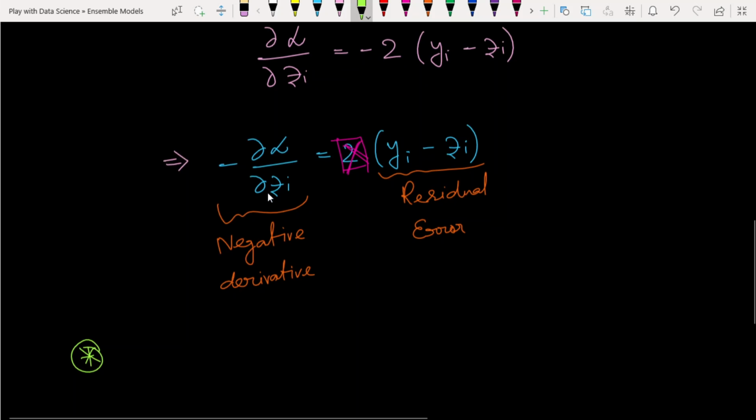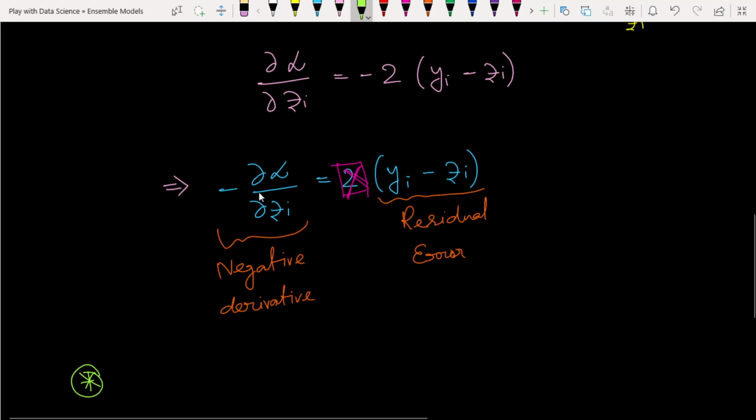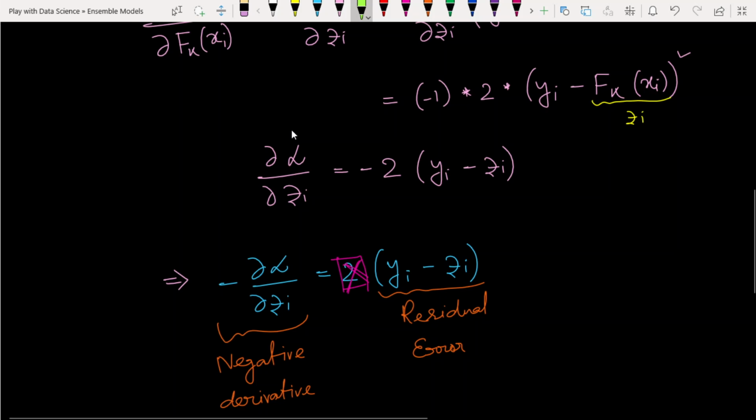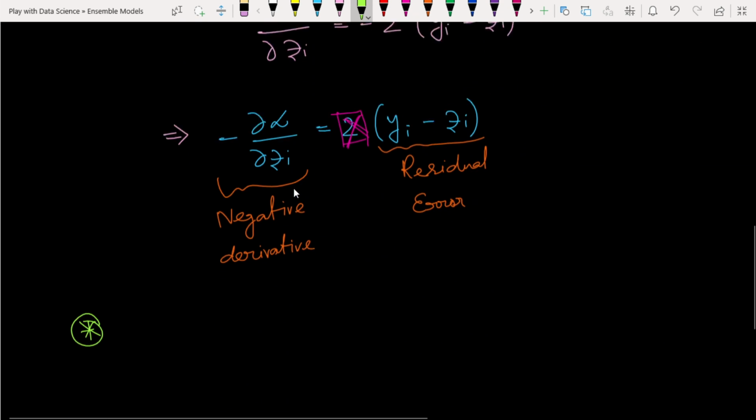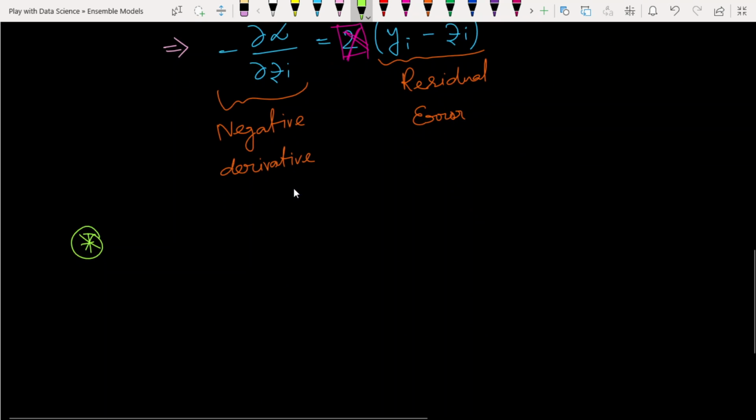Derivative means, for single variables we use the term derivative, but here we have taken high-dimensional data. Our data zi is not a single dimension. So instead of using the derivative term, it is better to use the gradient term. So this means the negative gradient.